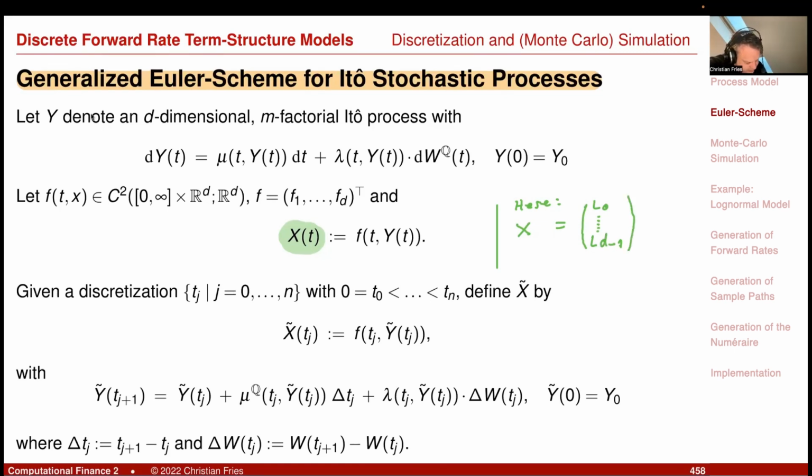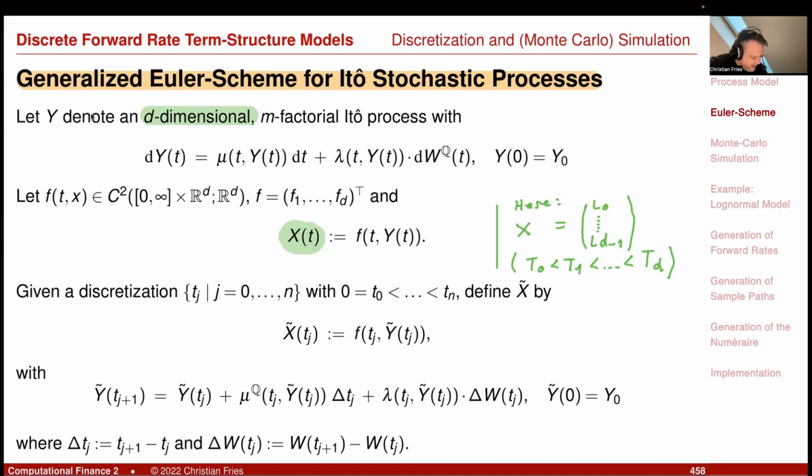So D is the number of periods we have on our tenor discretization. So this means I consider a d-dimensional stochastic process. But instead of discretizing x, I will discretize y, where x is some function f of y.